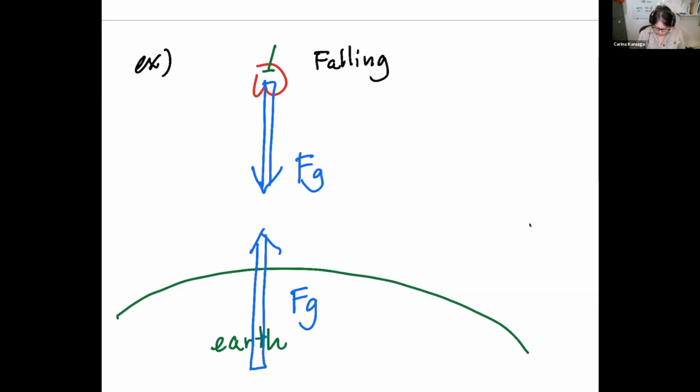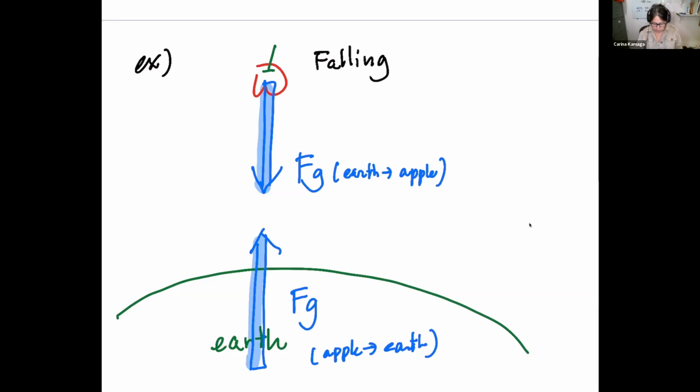So this is the force from the Earth to the apple, and this is the gravitational force from the apple to the Earth.